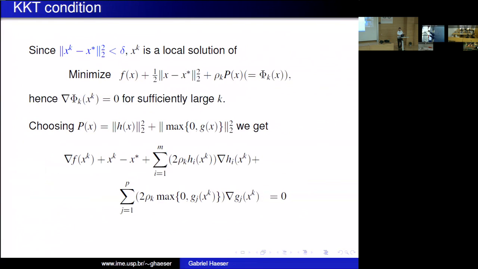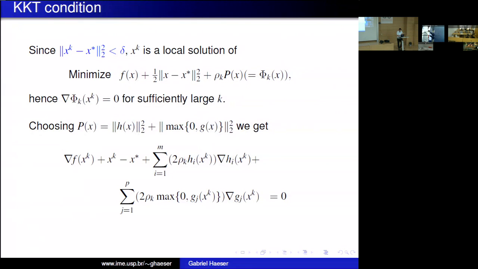So I will use what I know about solutions of unconstrained problems. I want to minimize this function, and I know that xk is a local solution. So in particular the gradient of this function is 0 at xk. Let's call this function phi k of x. At xk, the gradient of phi should be 0 when k is large enough.